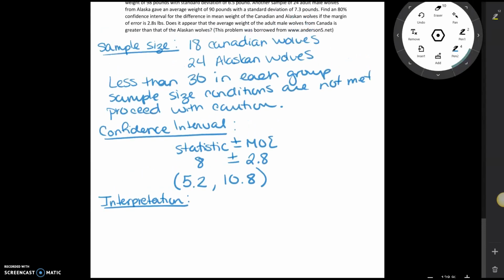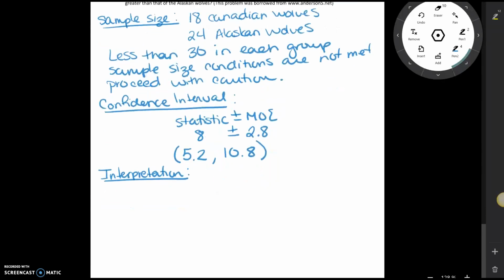So for this particular case, we were calculating an 80% confidence interval.